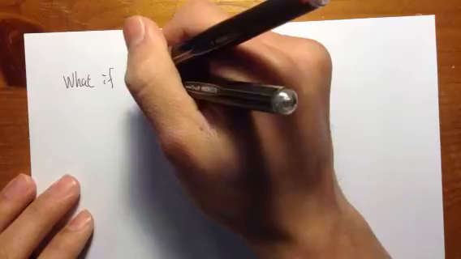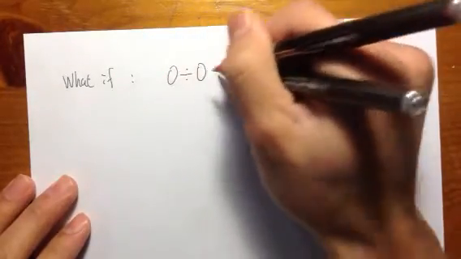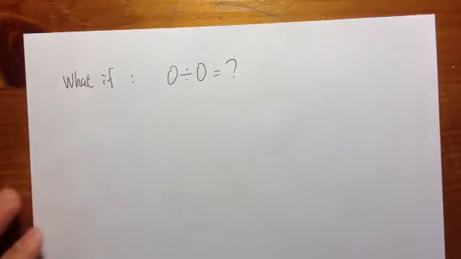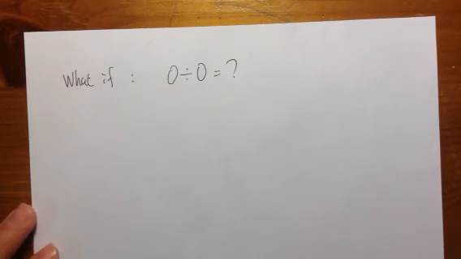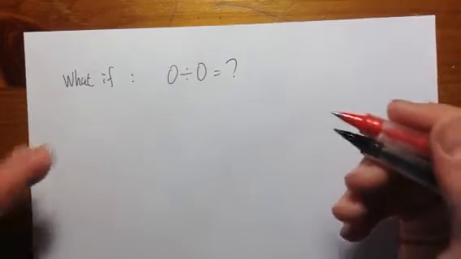What if we are doing 0 divided by 0? Well, again, let's do long division to figure out what the answer is.